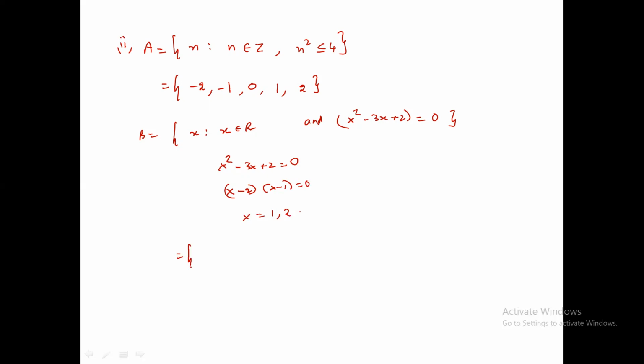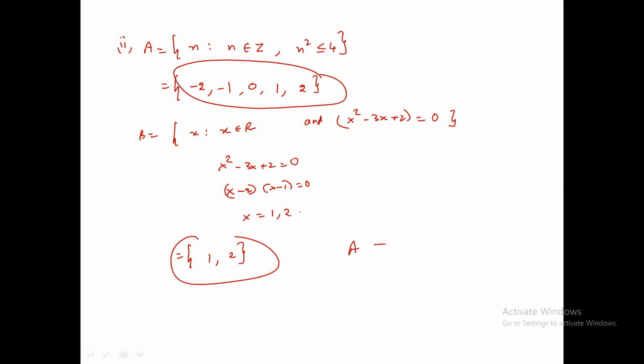So the solutions which I got are 1 and 2. But if you compare A and B, they are not equal at all. You don't have the same elements in A and B. So with this, we completed exercise 1.2 and the topics related to that.